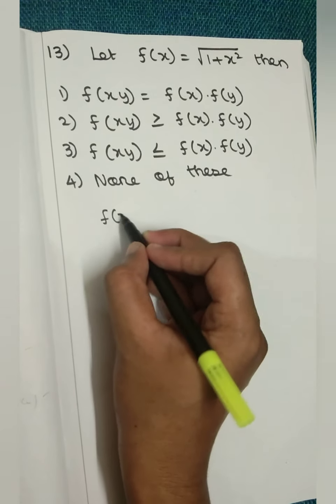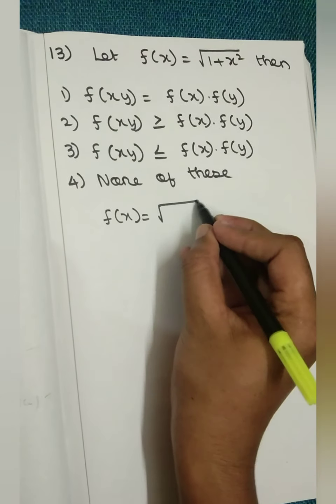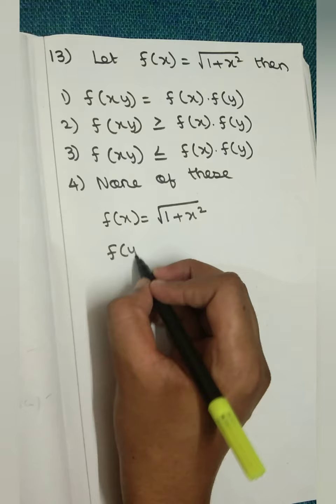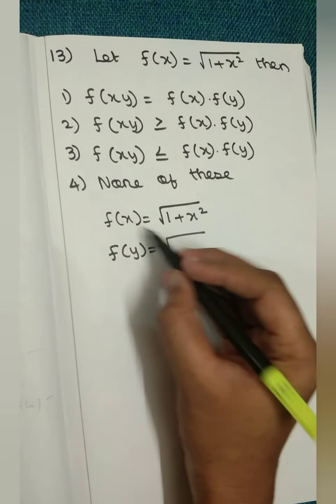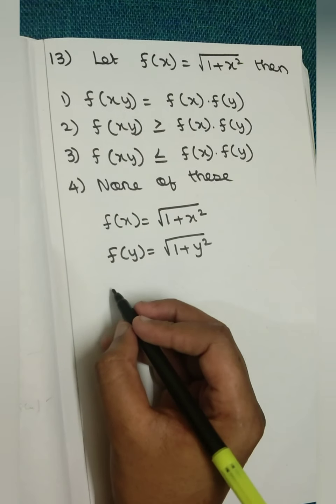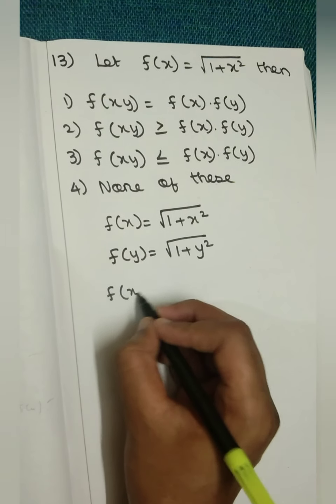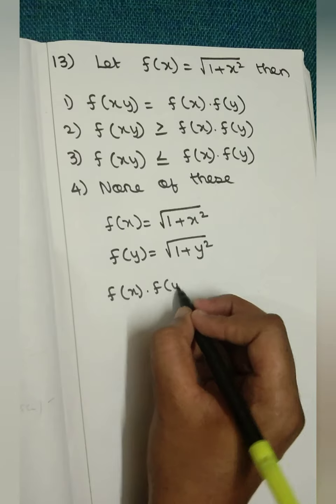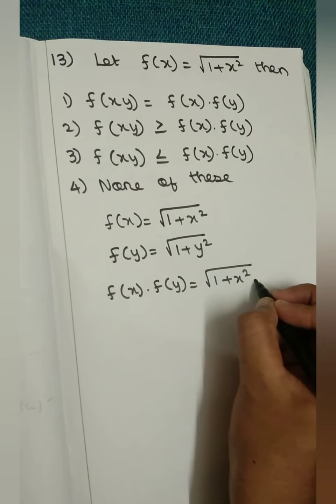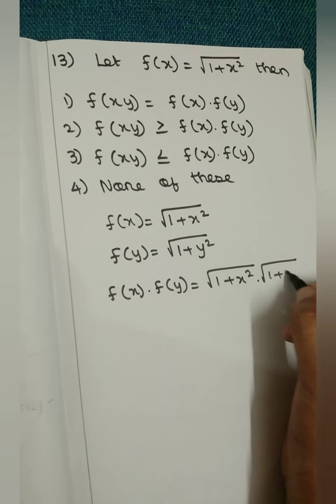First, f of x is equal to root of 1 plus x square. Then my f of y is equal to, instead of x replace y, root of 1 plus y square. Now multiply f of x into f of y, that is root of 1 plus x square into root of 1 plus y square.